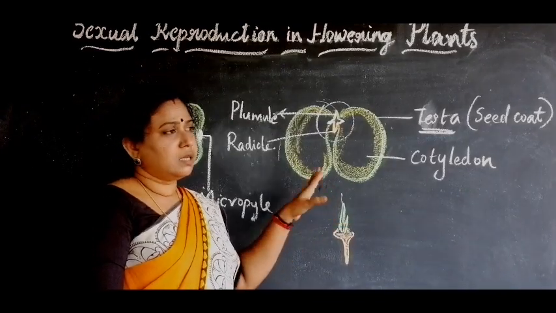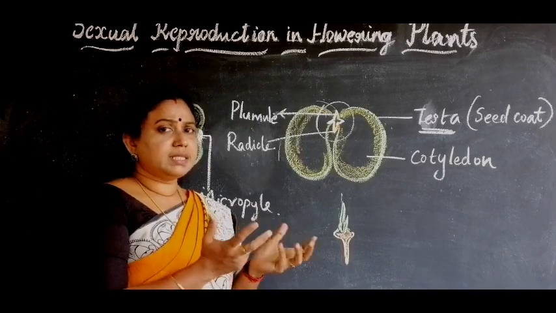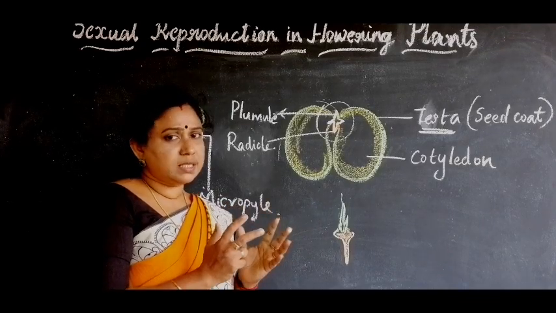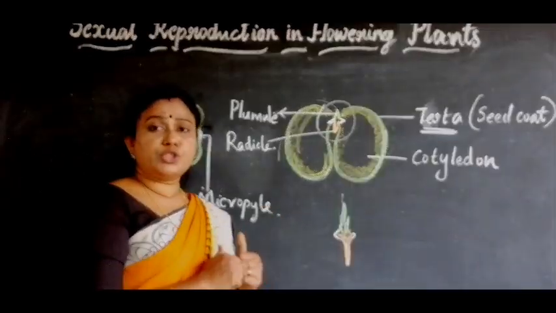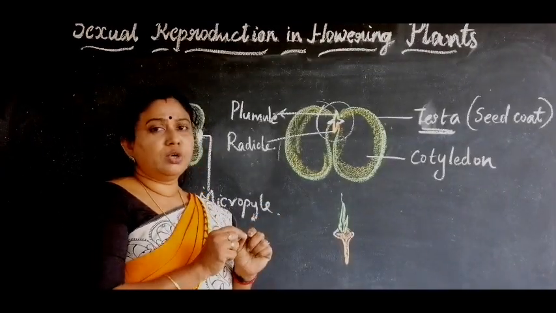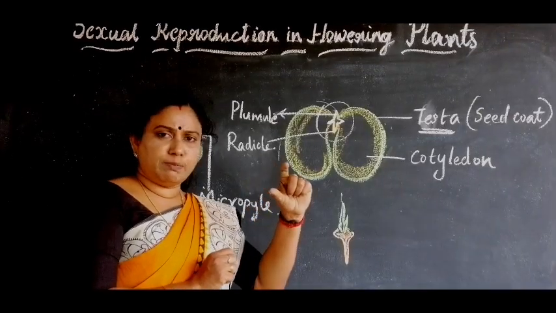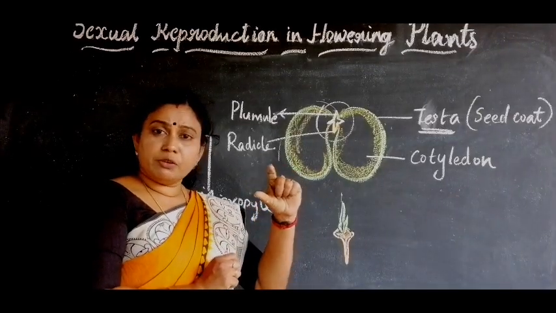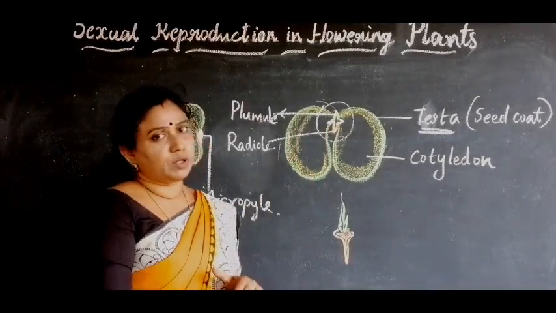So, the seed is protected by a seed coat called the testa, and inside it are the cotyledons, which provide nourishment for the embryo to germinate. The embryo has an embryo axis with a plumule, which develops into the future shoot, and a radicle, which develops into the future root.